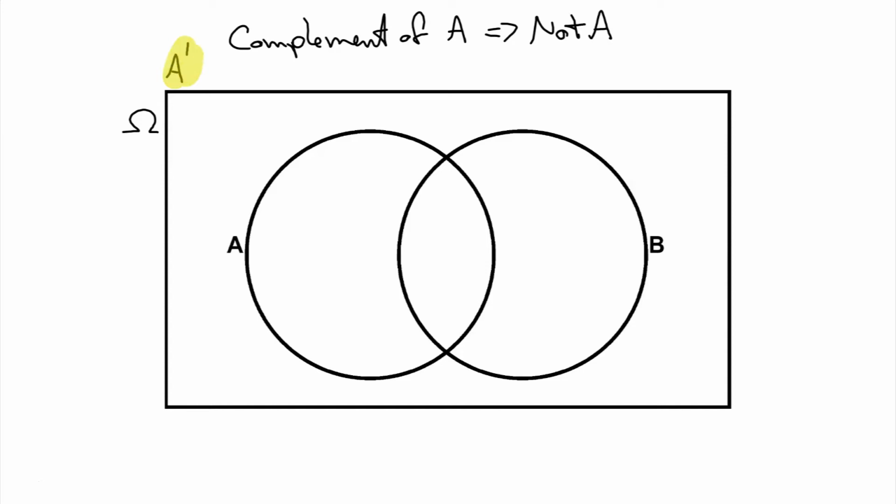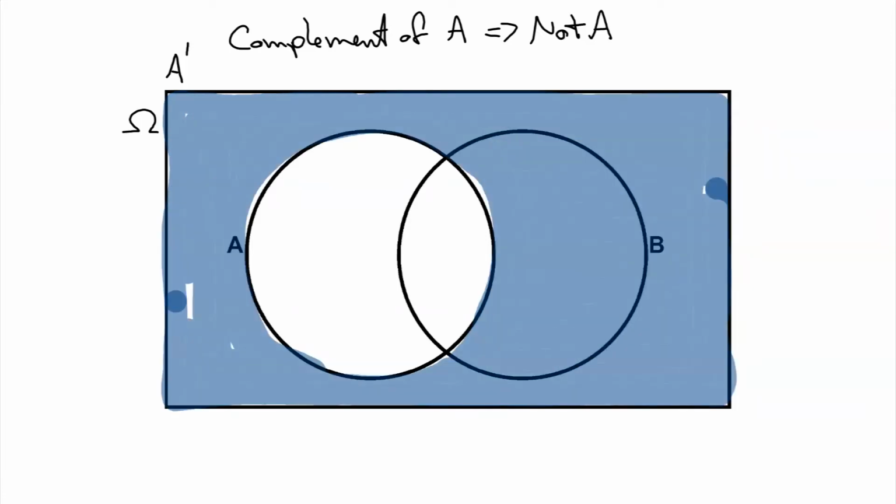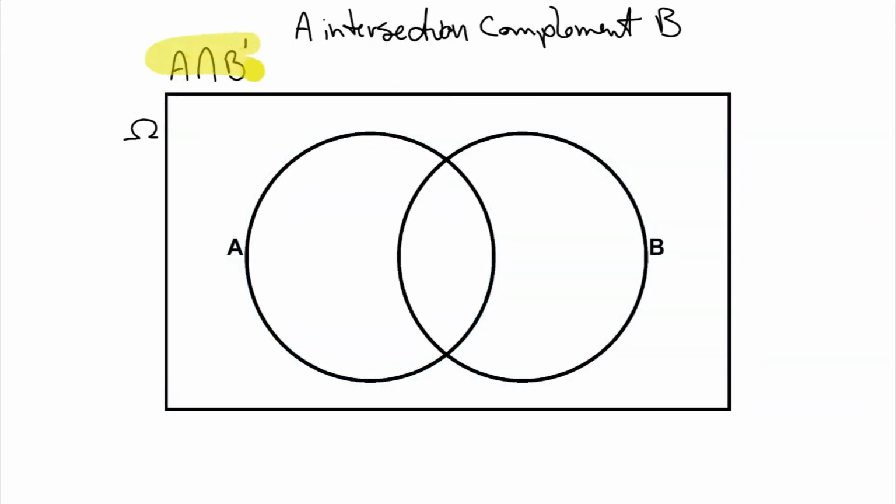The complement of A, or not A, is everything that is outside of A. A intersection with the complement of B. Let's think about this a little bit. We want the spots that are part of A and part of everything that is not B. So everything that's not B is everything that's outside of the B area.